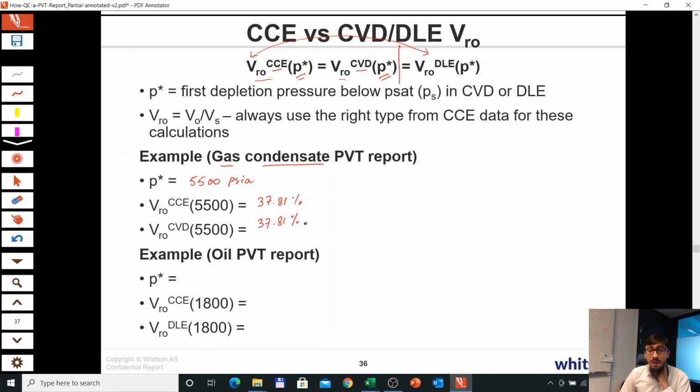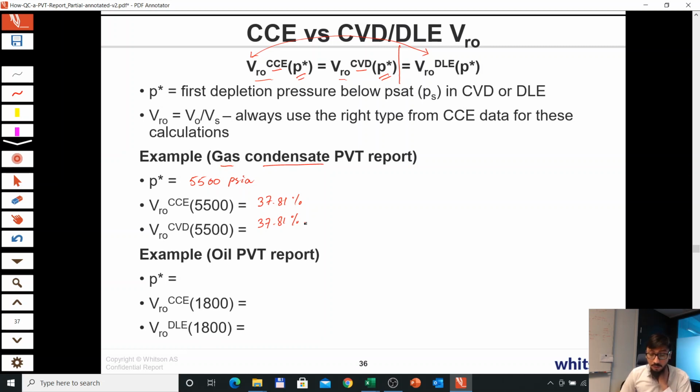So if the relative oil volumes are reasonable, for example for a CCE experiment, but not for the CVD experiment, then you know maybe there was some problem while measuring the relative oil volume data from the CVD experiment. That's how you can gather all the puzzles and try to get the information out of it.